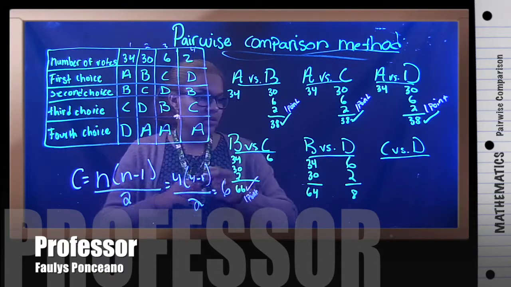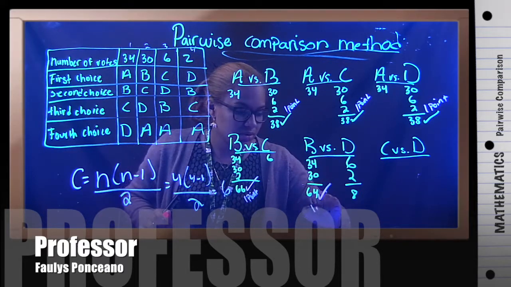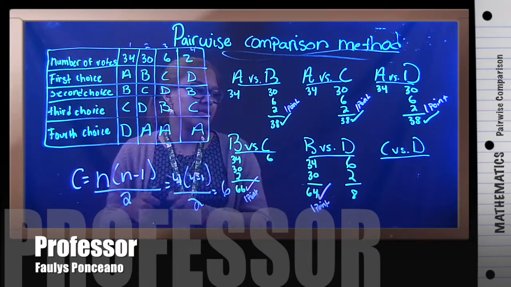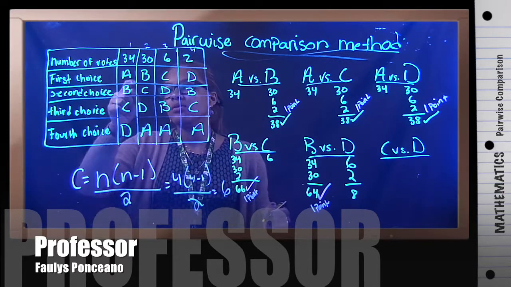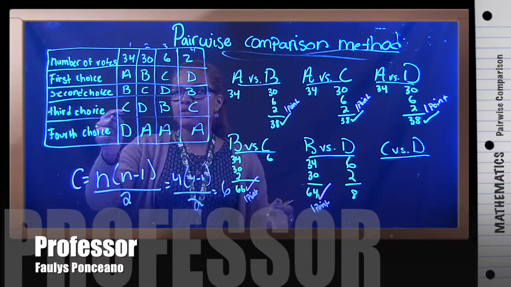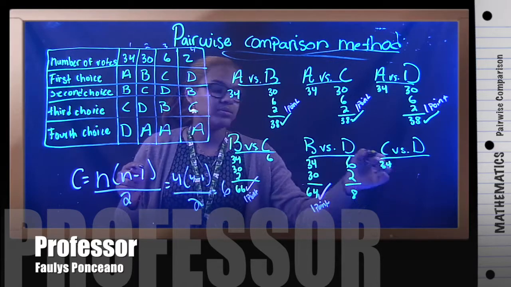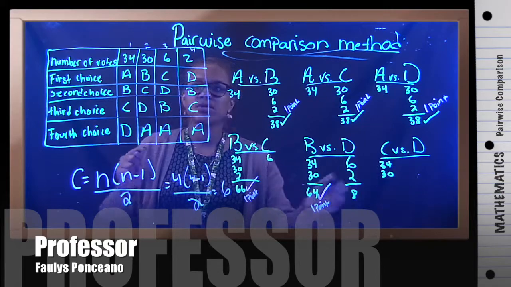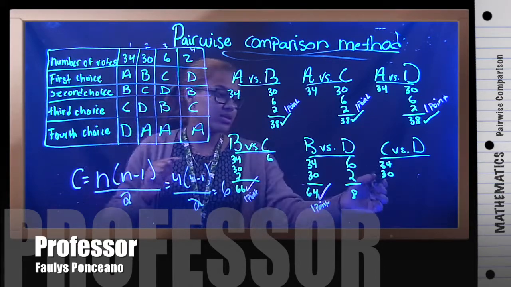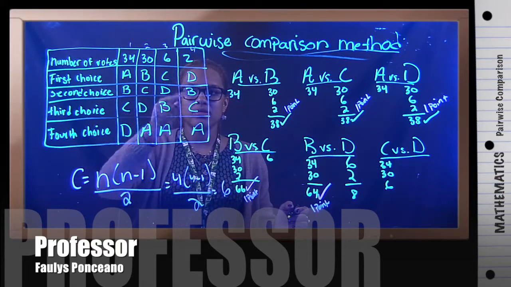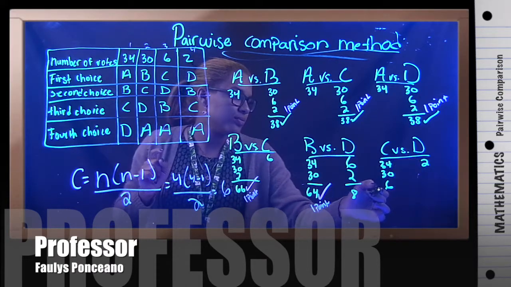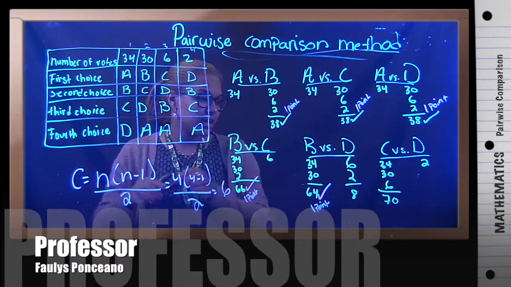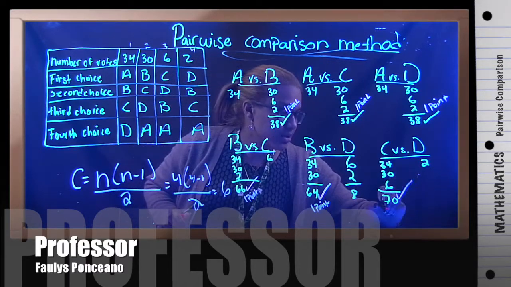And again, B is the winner, so receives 1 point. And now we're going to do the last one, C versus D. First column, C wins. Second column, C wins. Third column, C wins. Fourth column, D wins. It's only 2. And that gives you 70 if you add it. And again, C wins, gets 1 point.